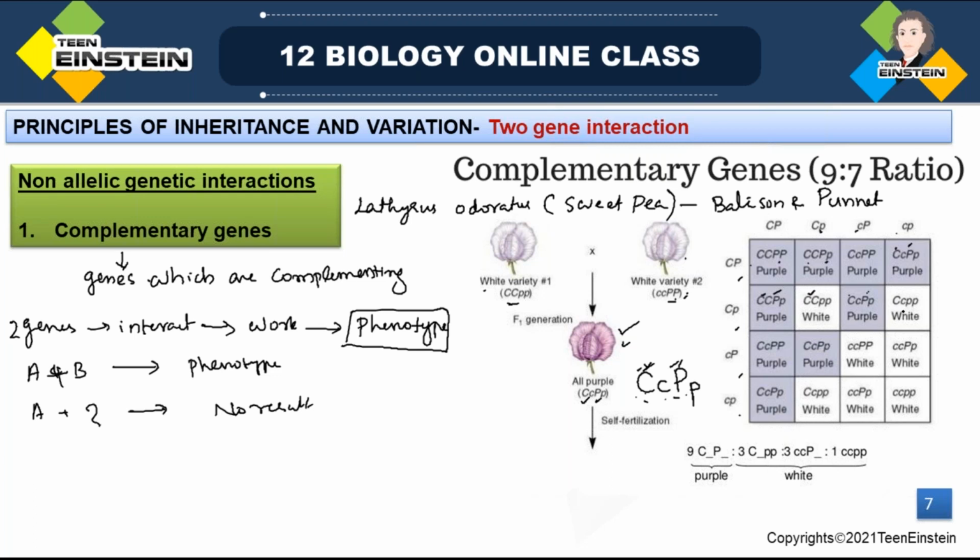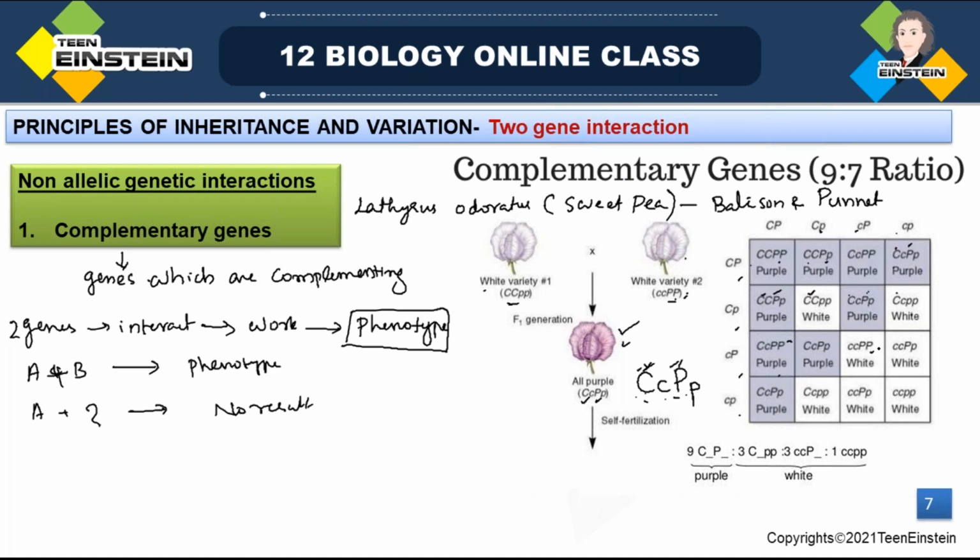Again here only one C allele is dominant, so it's white. Here C and P both dominant, purple. Here C and P both have single dominant alleles in heterozygous condition, so that is also giving purple.